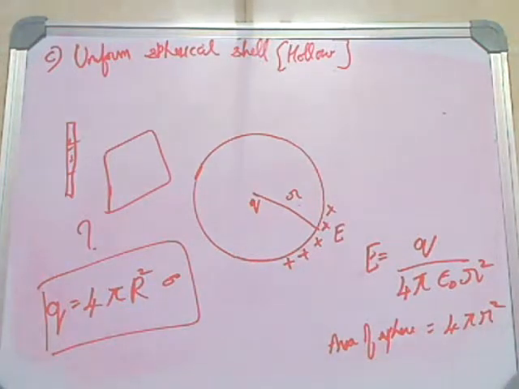Because it is finite in size, I can actually find out how many charges are there on it. In the other 2 cases, let me consider the plane surface here. I can only find the charge density and not really the net charge that is there.